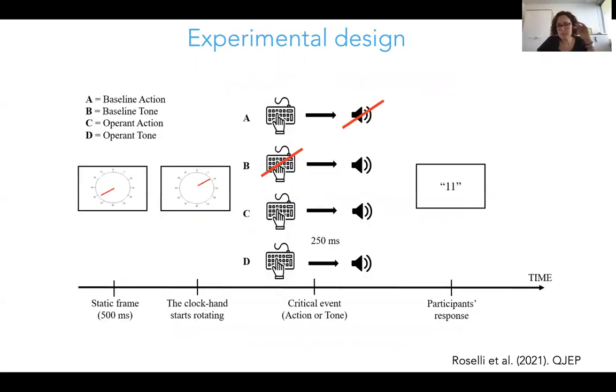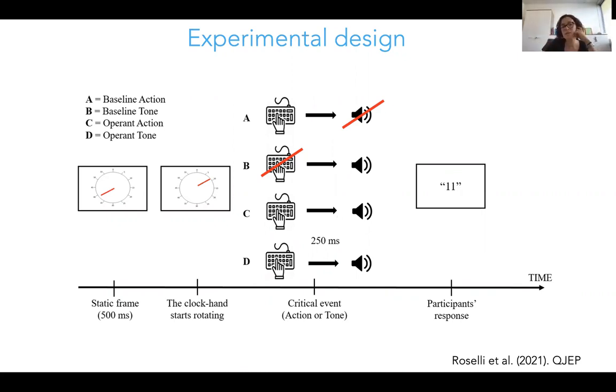So the paradigm is a bit complicated, but basically in order to look at the intentional binding effect, you need to compare a baseline condition where there's only action or only tone, so you have only one event. You compare these two baseline conditions to a situation where you have action and tone, so an action and a consequence of that action.